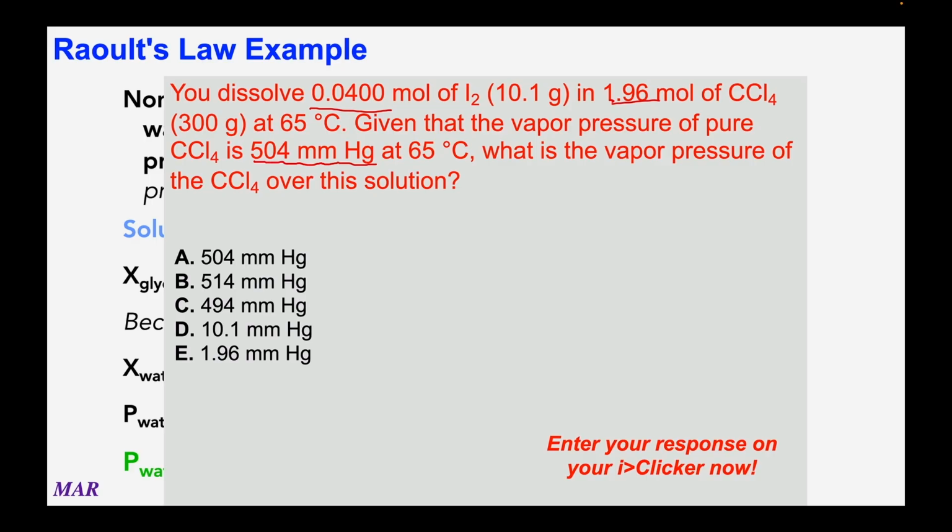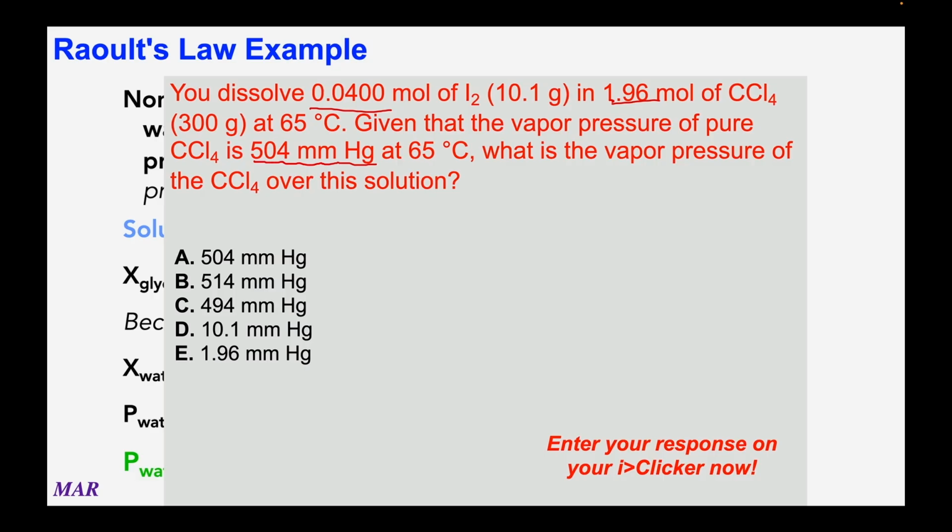So we're going to calculate mole fraction first. That'll be 1.96 moles of solvent divided by total moles, which is 1.96 plus 0.04, which happens to be 2. So it's like 1.96 divided by 2. That's going to be the mole fraction of the solvent. We'll then multiply that by the 504 millimeters of mercury value to give one of the answers listed down there.